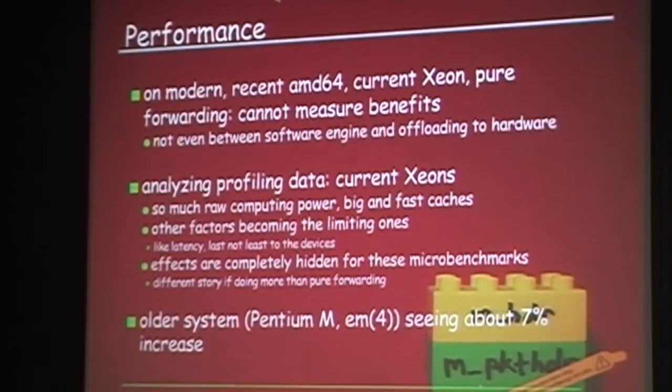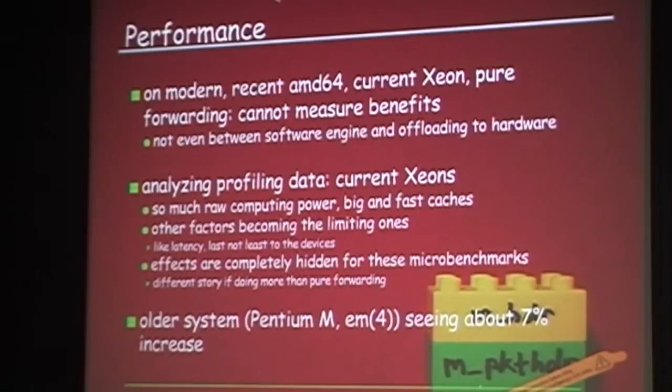So, performance changes from the checksum offloading. On a really recent AMD64 system, like a current Xeon CPU, and doing pure forwarding, we still cannot measure any difference, unfortunately, because of what I explained earlier.